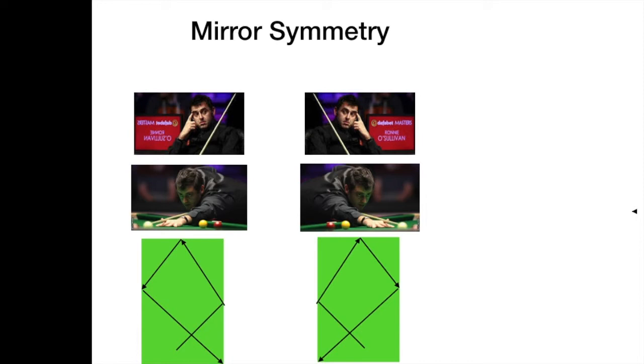But the statement I'm going to make is that if the trajectory followed by the snooker ball follows physical laws, then both shots are equally possible. That is to say, you can't determine whether you're seeing an image in the real world or its mirror reflection.